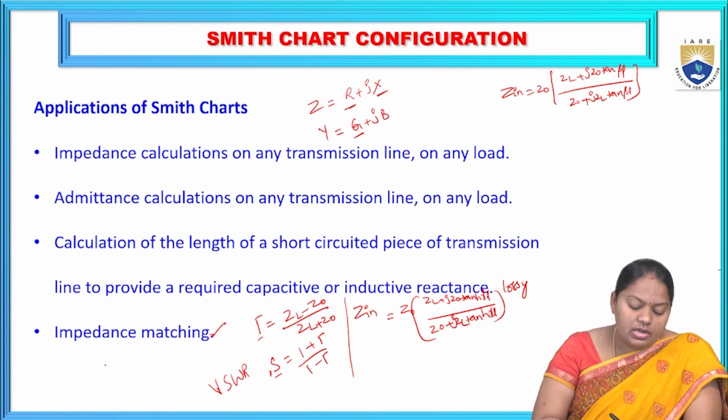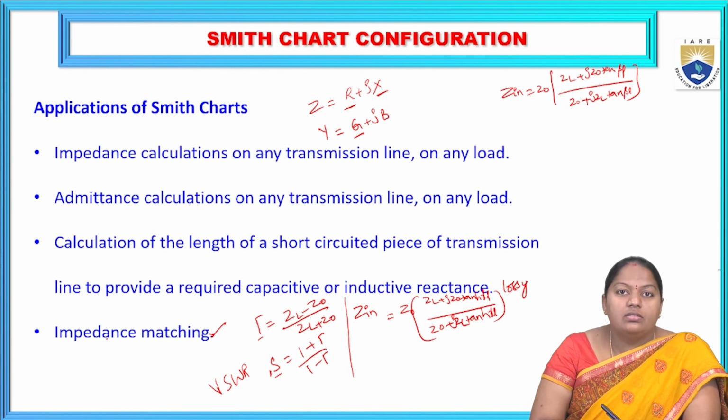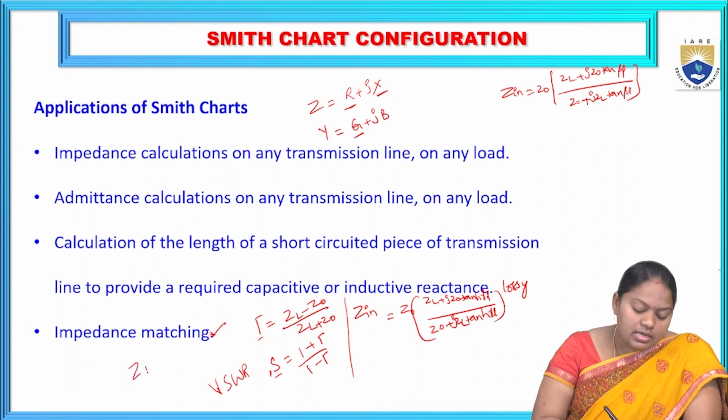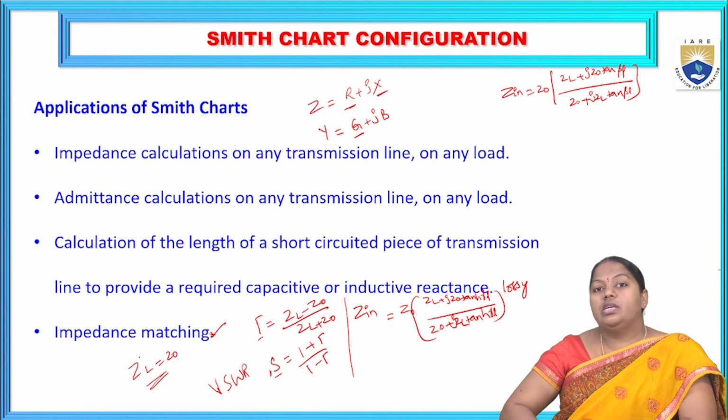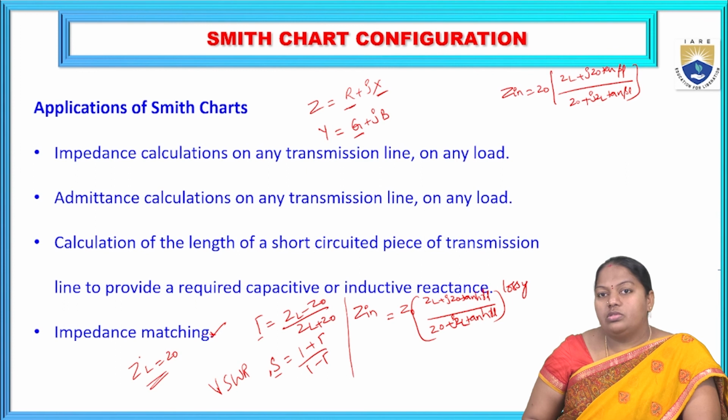Impedance matching means, in order to avoid reflections and to transfer the maximum amount of power from source to the destination, we need this impedance matching. This is the case where ZL is equal to Z0 or ZS, which means the load impedance is equal to the characteristic impedance or source impedance.